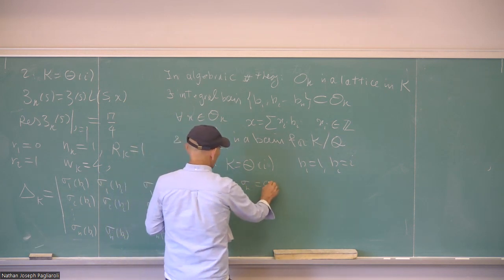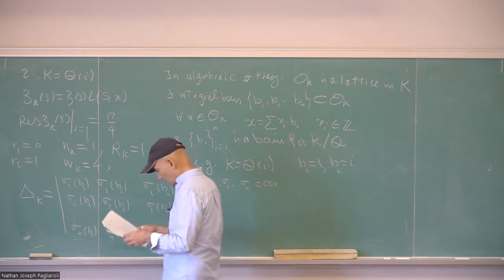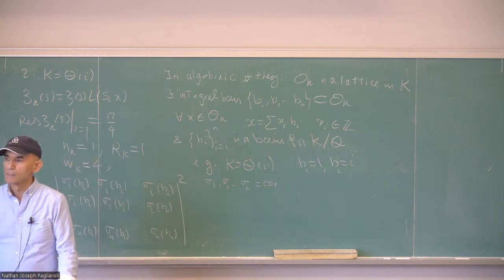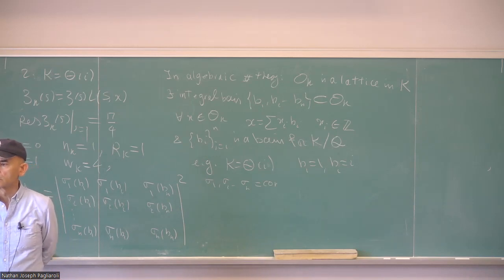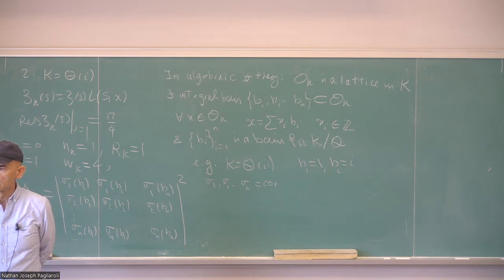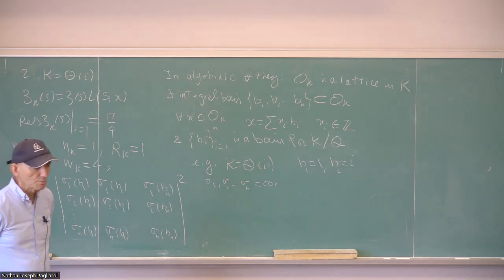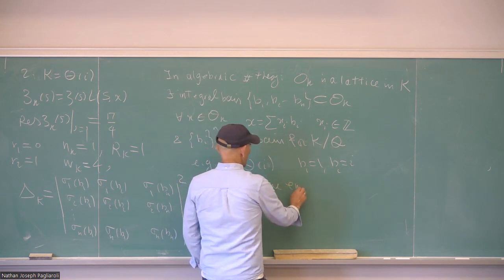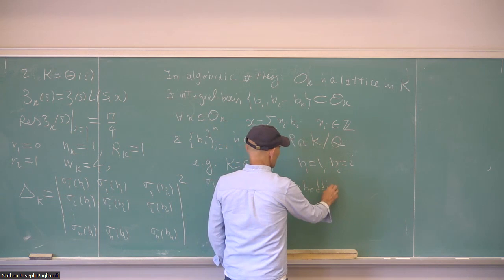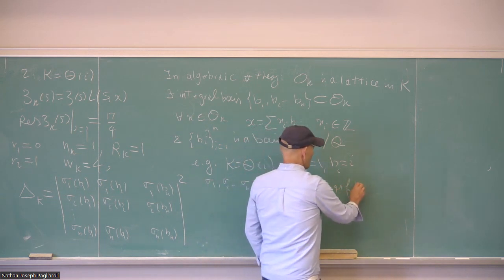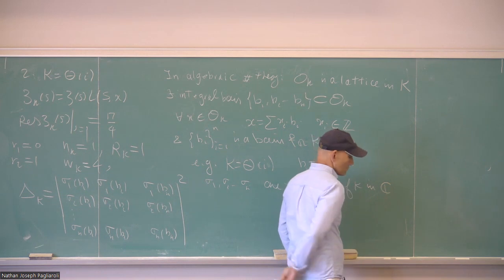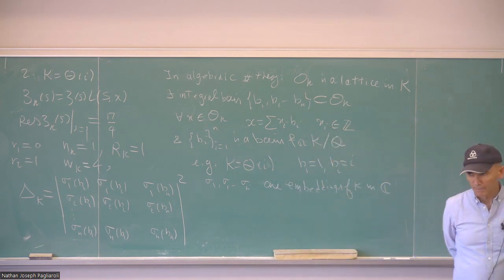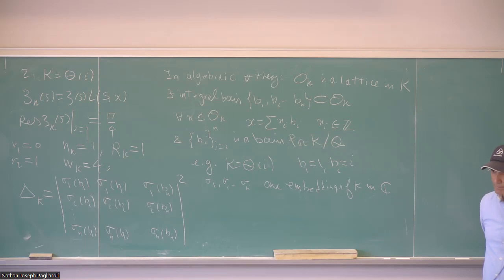They are embeddings, different embeddings of K in C. Real embeddings are also acceptable in this case, so I'm not excluding them.